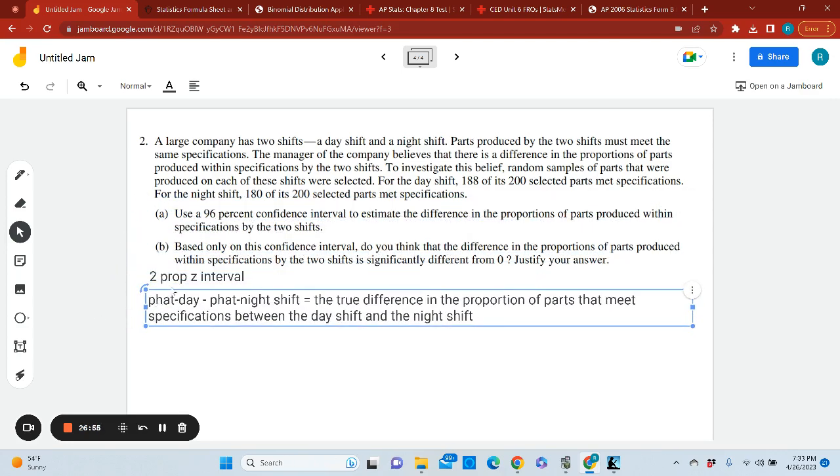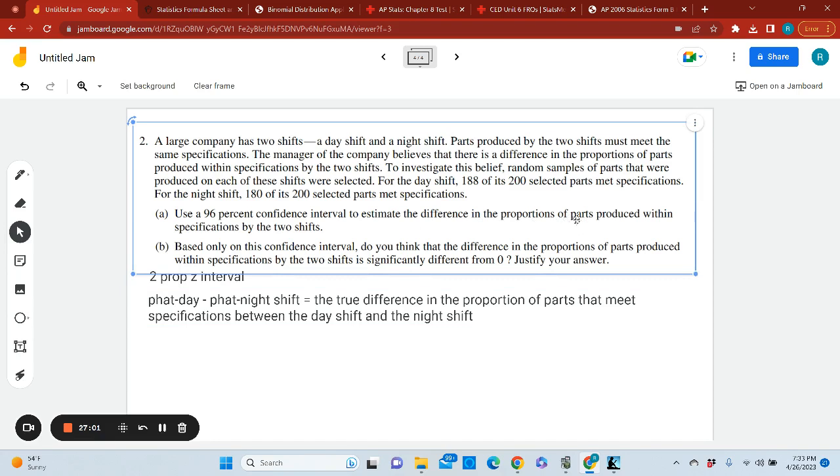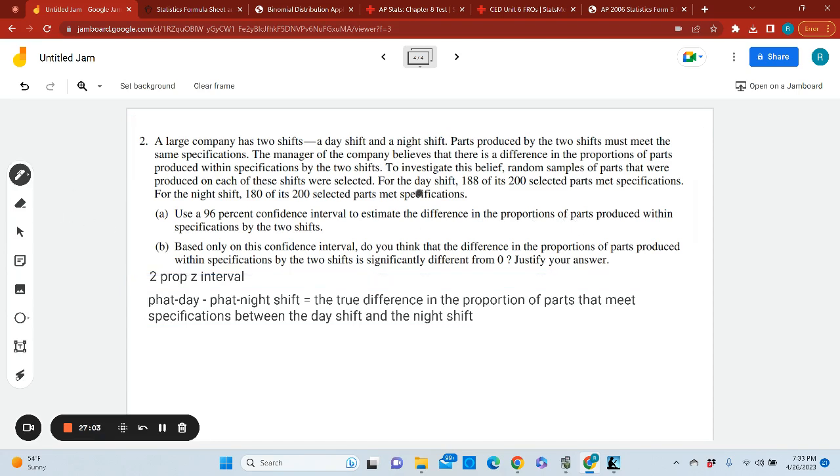So they want, what does it say here? To estimate the difference in proportions of the parts produced within the two shifts. And they give us the day shift information first, and then they give us the night shift. So we're going to do day shift minus night shift. So P hat from the daytime minus P hat from the night.